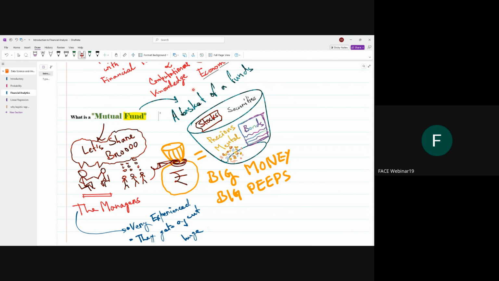In a simple way, say there are n number of people, person 1, person 2, person 3. The first person maybe contributed 1 lakh. The second maybe 2,000, and another person 500 or something. So they are creating a consolidated fund mutually. So that becomes a mutual fund.